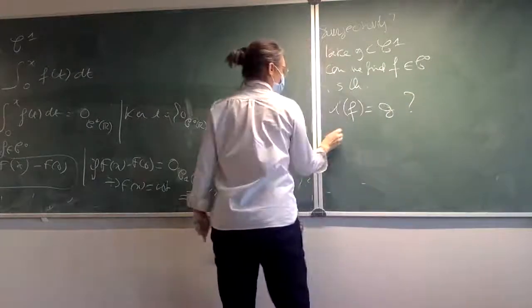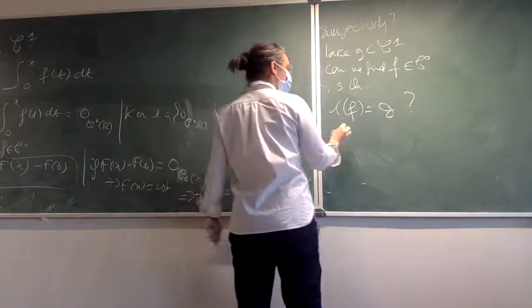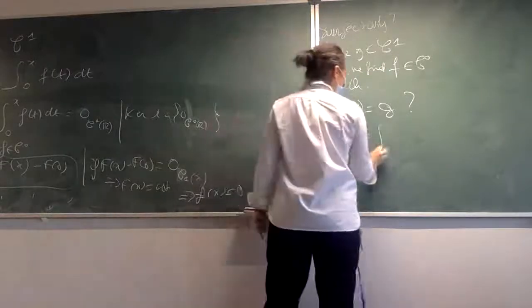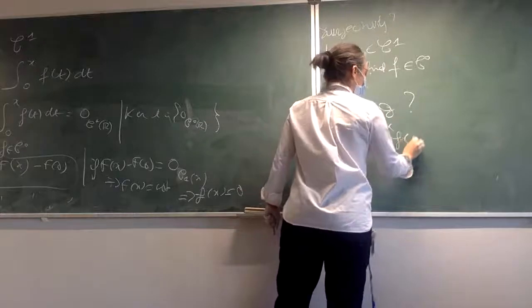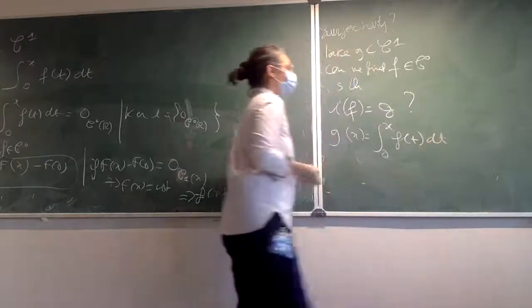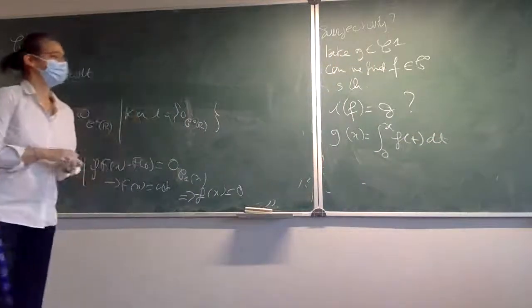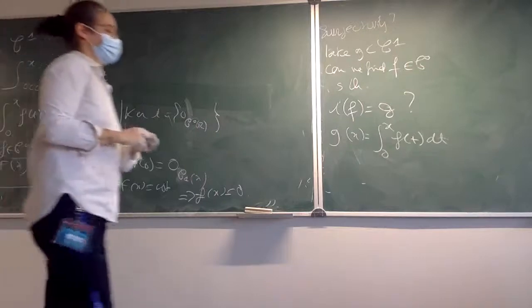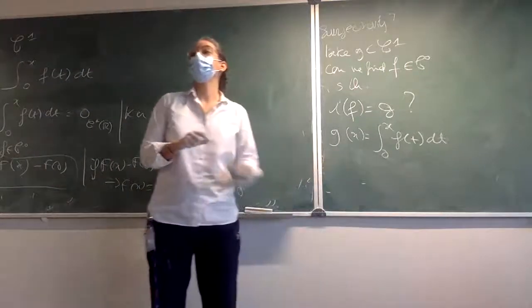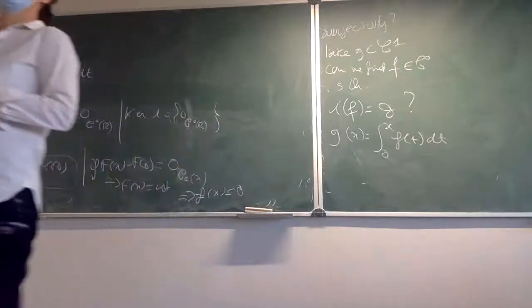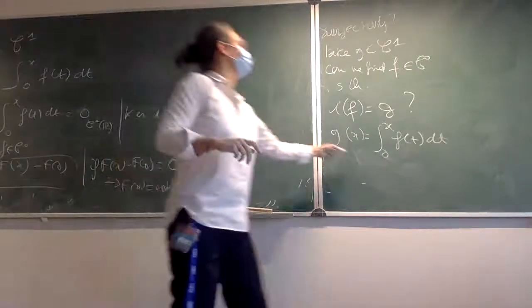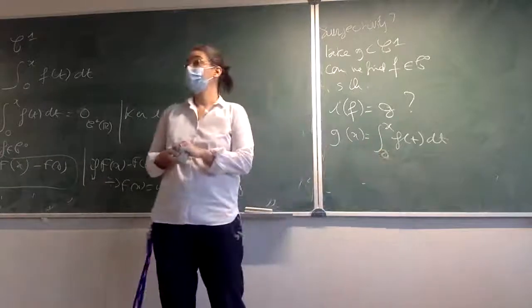So, analysis part, g of x would then be defined as the integral of f. Can we find f such that this is true? How would you find f if you're given this kind of relation?